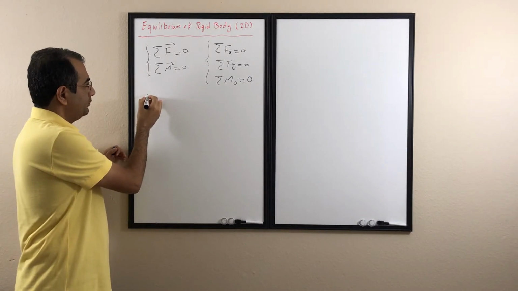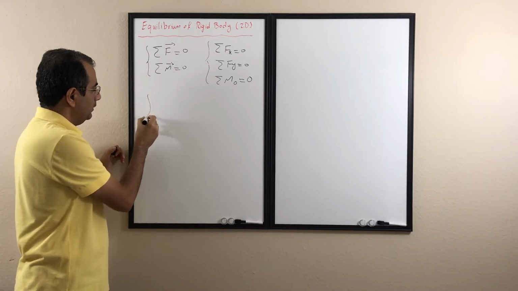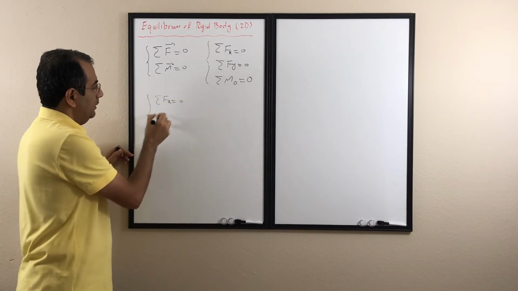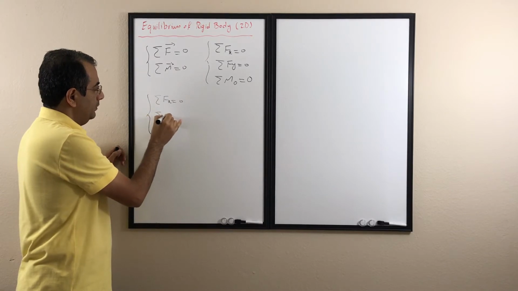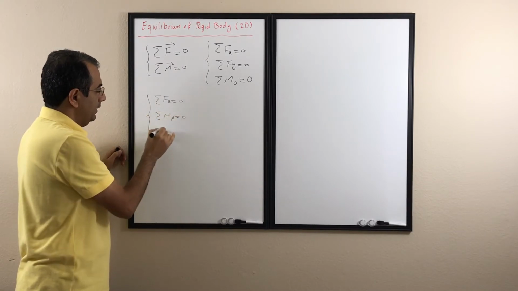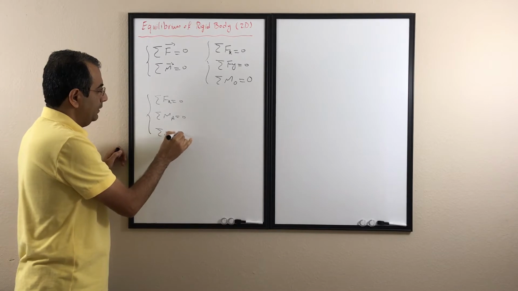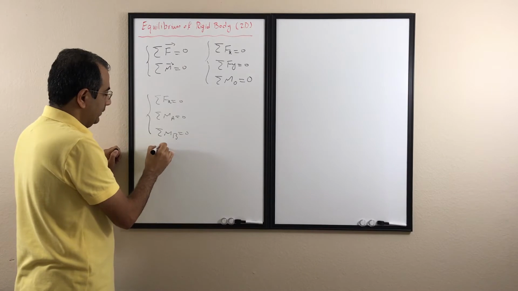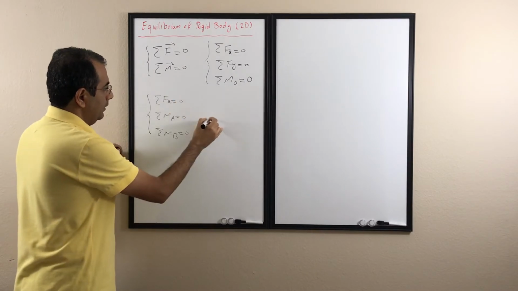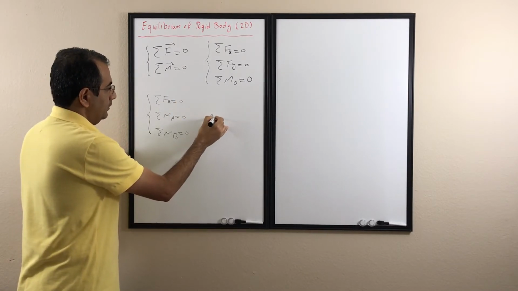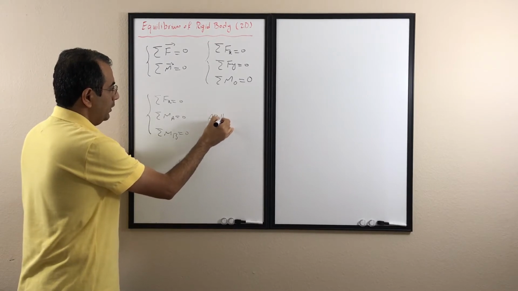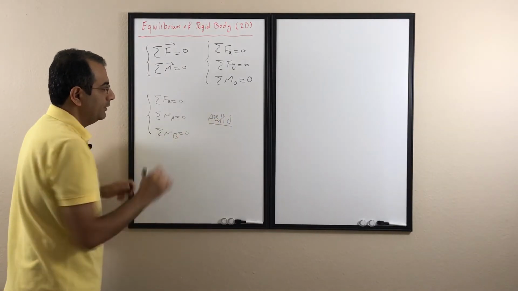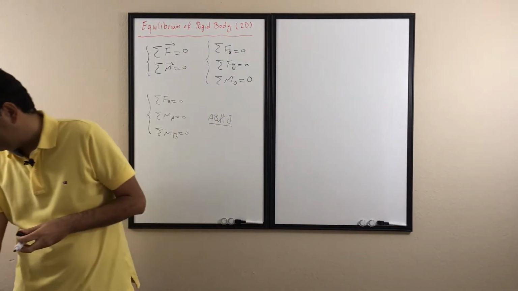We write it as sigma Fx is 0, sigma M about point A is 0, and sigma M about point B is 0. And remember, the only restriction here is that the line AB should not be parallel with the y-axis.